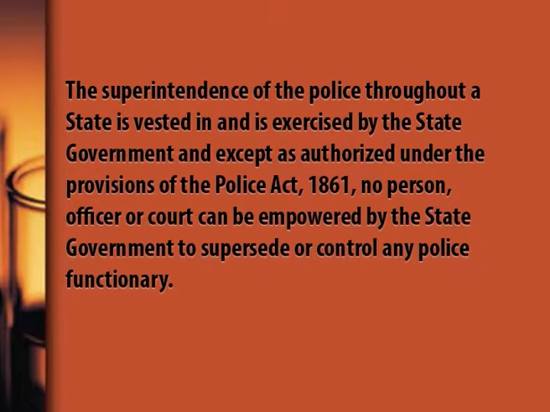The superintendence of the police throughout a state is vested in and is exercised by the state government, except as authorized under the provisions of the Police Act 1861. No person, officer or court can be empowered by the state government to supersede or control any police functionary.